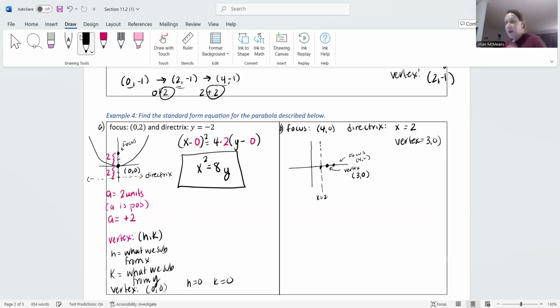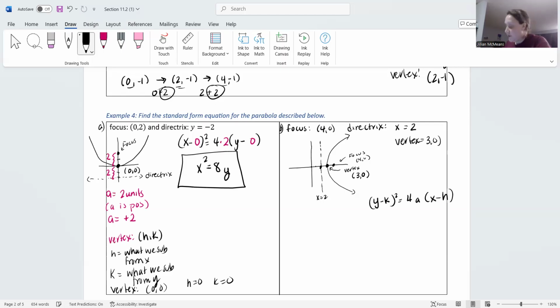So let's figure out a, and then let's figure out h and k. First let's figure out which direction this is going. I should have said it already, this is opening to the right. So this is a horizontally oriented parabola opening to the right, and the standard form of this is going to be (y minus k) quantity squared equals 4 times a times (x minus h).